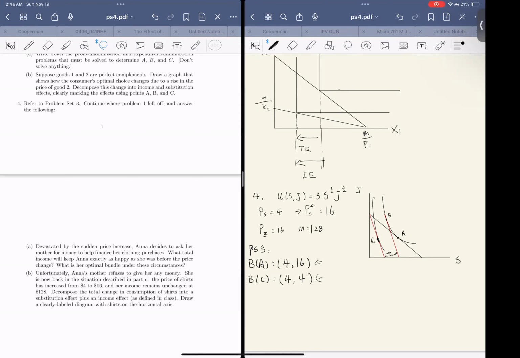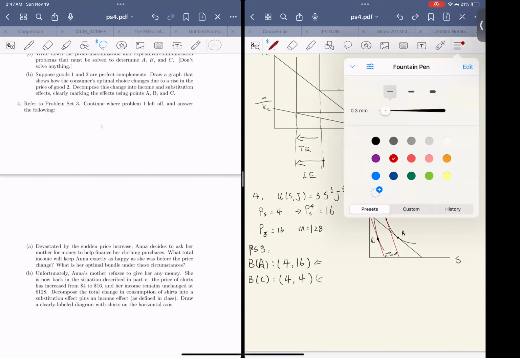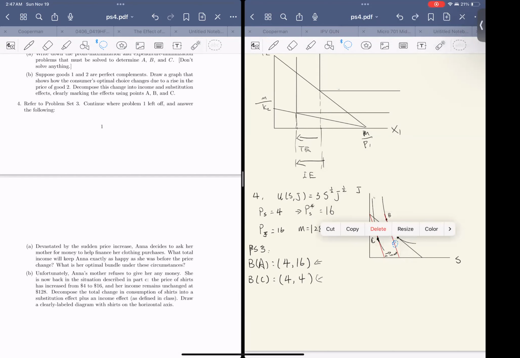Because we could never get back to bundle A, simply because of the price change, right? If we go back to bundle A, it wouldn't be tangency anymore with our new price ratio.